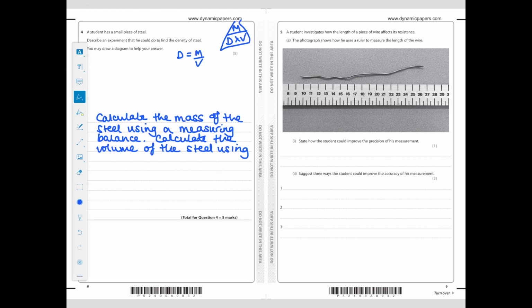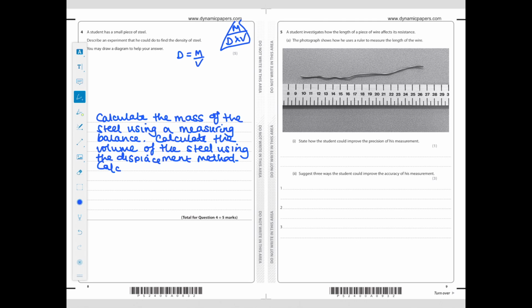So you have a beaker or a measuring cylinder would probably be better. You look at the original volume, you add your object, you look at the new volume. When you subtract the old volume from the new volume, you'll have the exact volume of the object. So I'm just going to say using the displacement method, or something like the Eureka can would be fine.